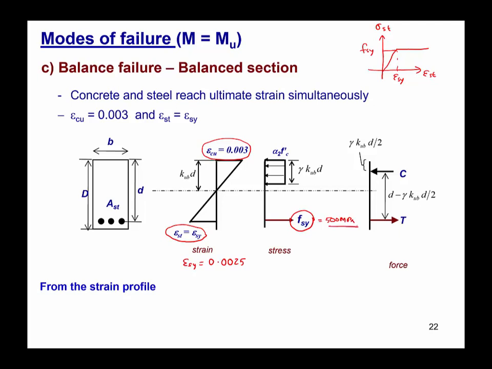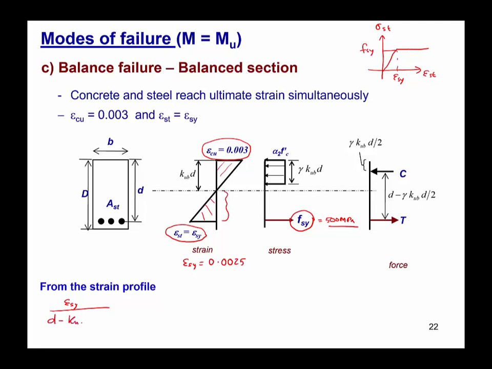Now, because we know all the parameters, we can straight away find the neutral axis depth for the balance failure mode using the strain compatibility equation. From the strain compatibility equation, using similar triangles like we did before, because the strain in steel has already reached the yield strain, we can write epsilon sy divided by this depth, which is d minus ku.